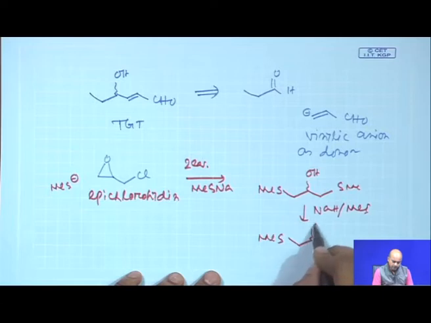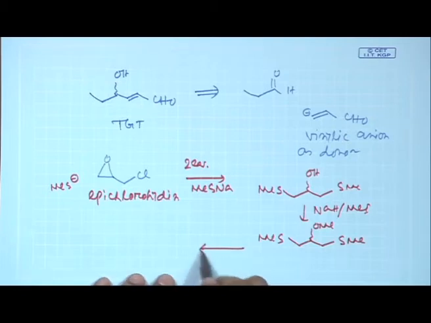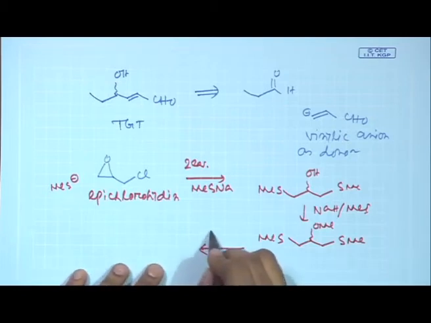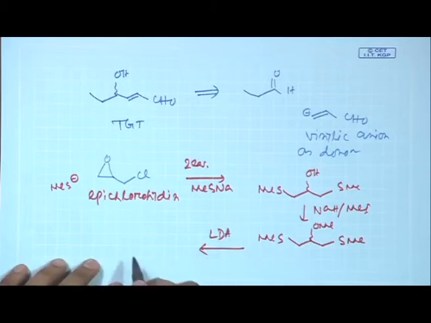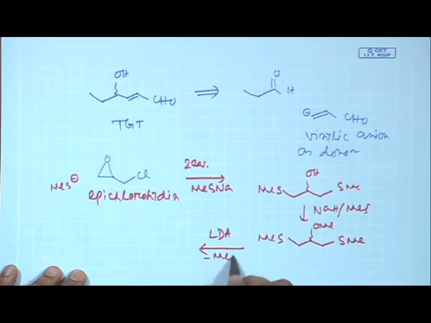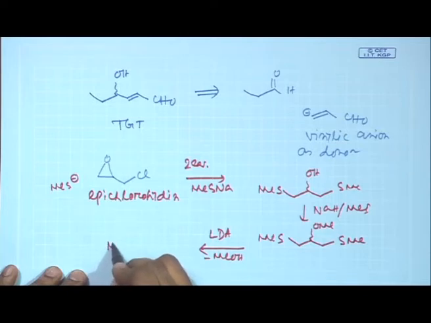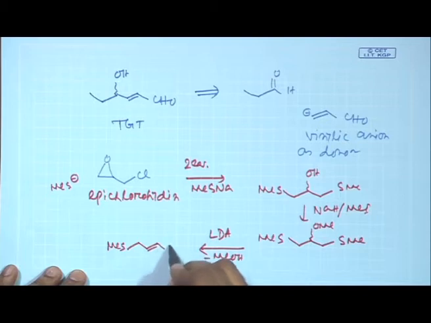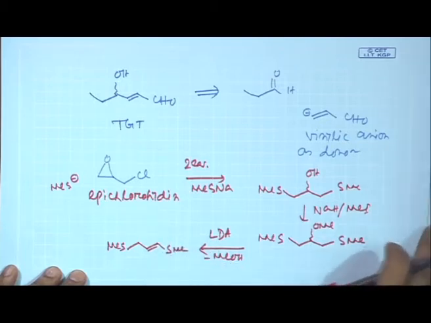Now, this reaction gave you this methoxy protected ether. Then LDA was used as a reagent to facilitate one equivalent of methanol elimination from this OMe and H. Now, this elimination basically gave you an allyl vinyl sulfide.